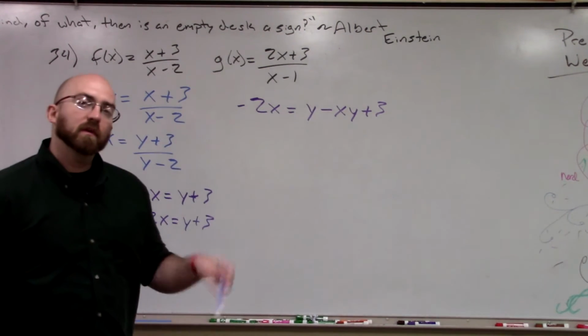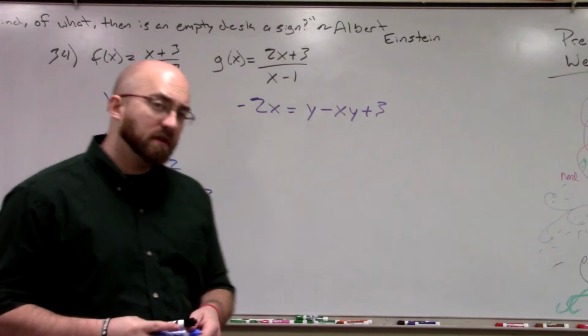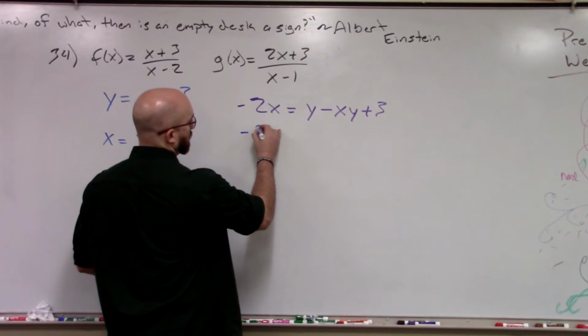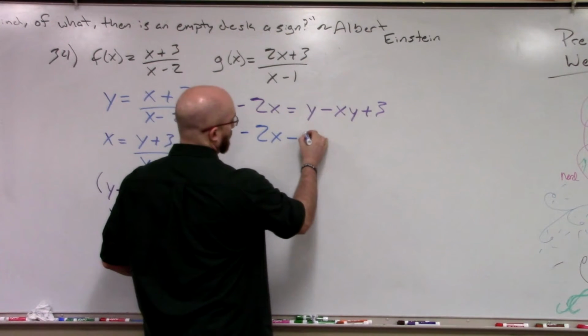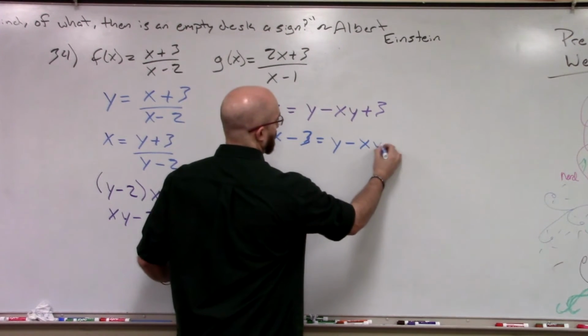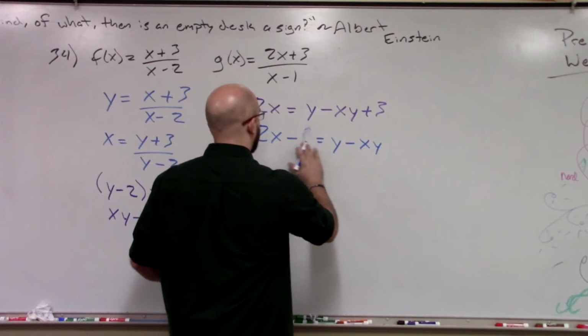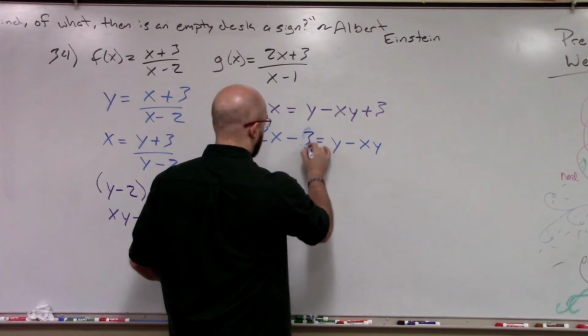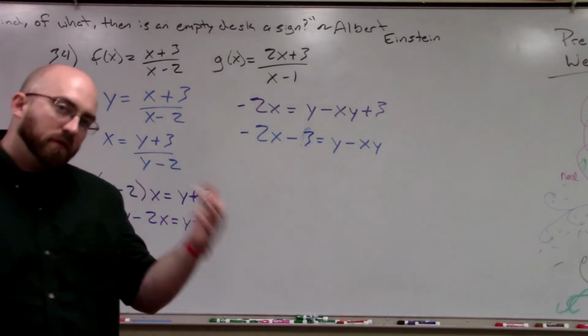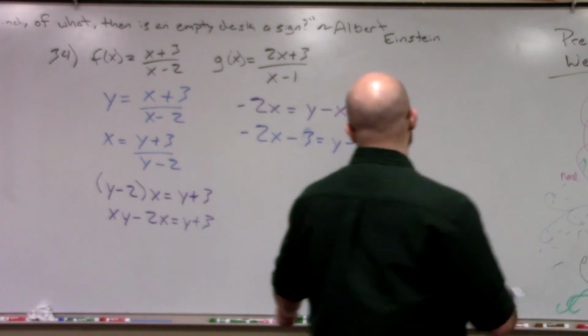Remember, we want to get y by itself, so let's move the 3 over to the other side. So we get that. Now the question is, what do these have in common?